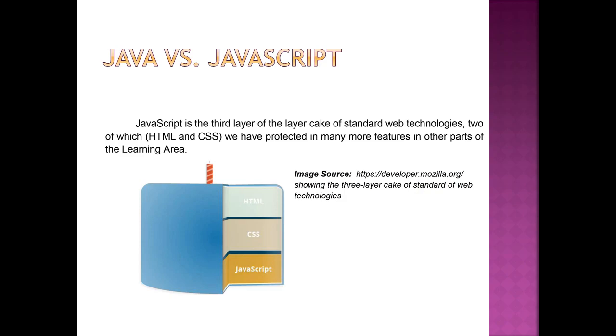In web development, we can compare a web page to a cake or a pancake, which has three layers. The first layer is the HTML. It is what we see, what is displayed in a web page. CSS is the second layer. It provides design on a web page.